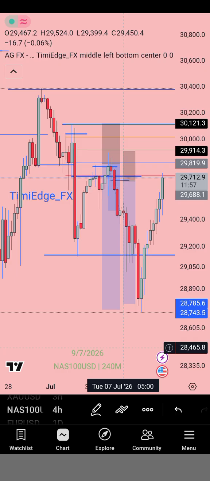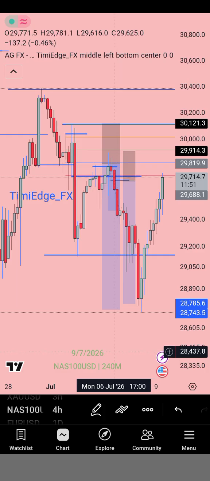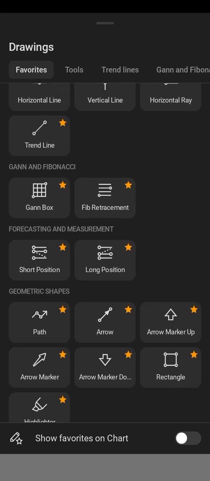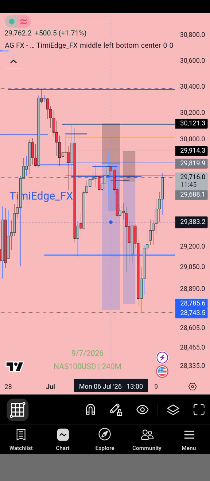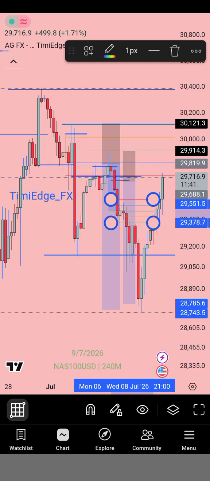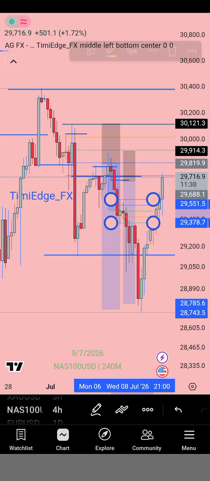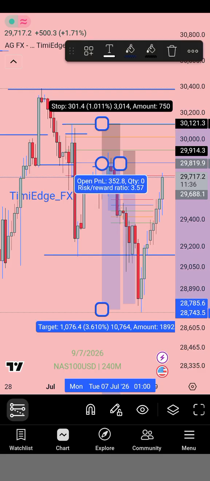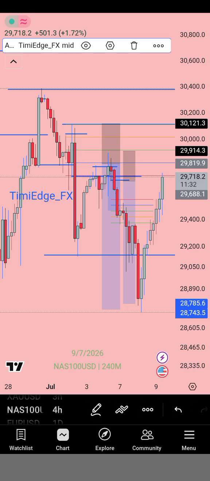As you can see, where's London? So this was London session around here. So I would have already missed the move if I didn't wait for price to come, if I didn't use my limit order to enter from here, right? I would have missed the move. And that is how a lot of people miss moves.